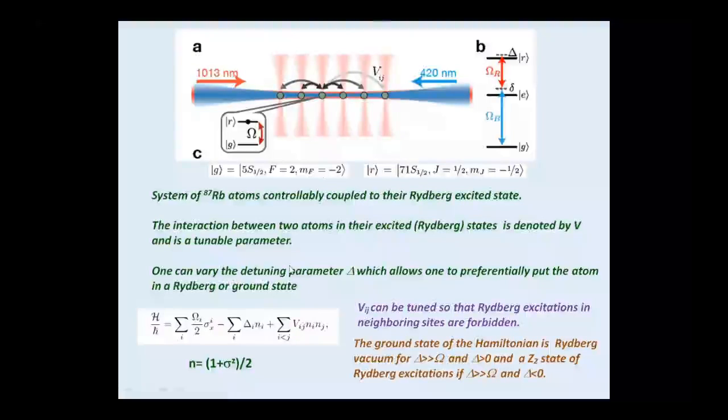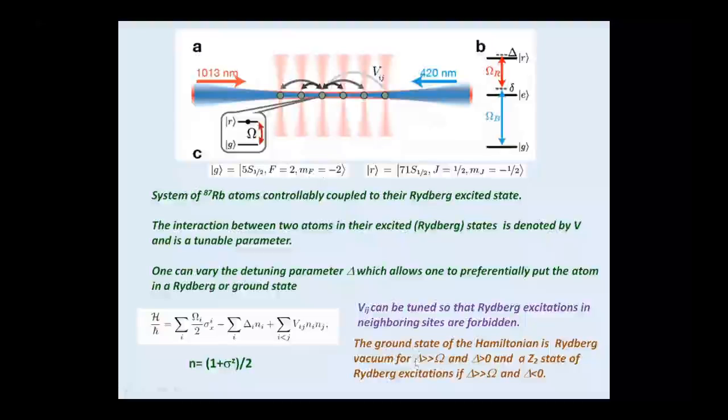Okay, and this is there because you have a laser turned on, so you can always excite an atom from one state to another, or the atom can just throw out its energy and come back to the ground state. So that's your omega times sigma. And then if you have two Rydberg atoms at sites i and j, there is a dipole potential in between them.